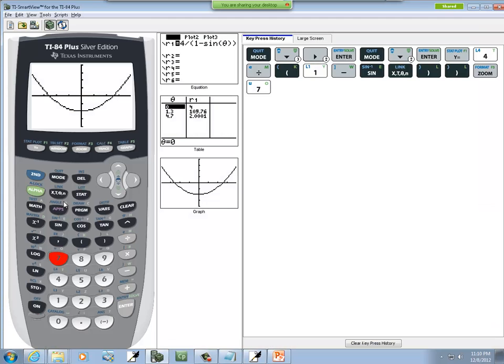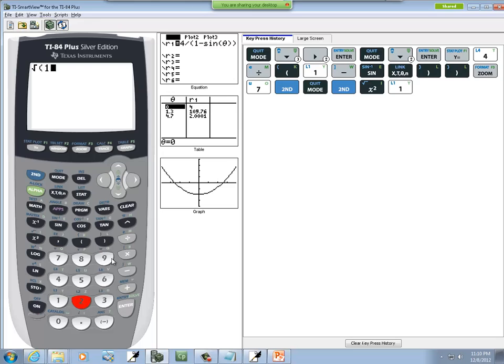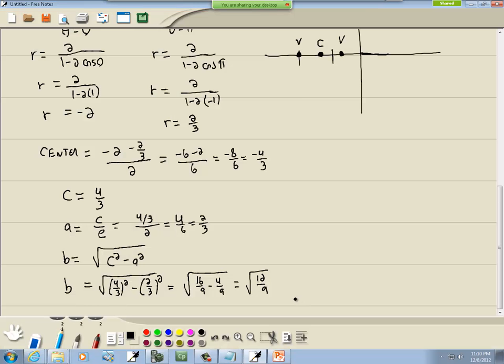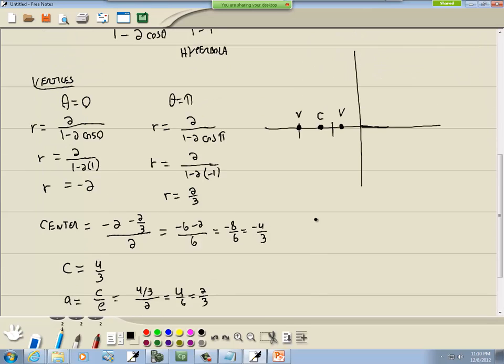And if I put that in my calculator, second mode, square root of 12/9, we get 1.15. Though really I can't do it to that precision. So B is 1.15.